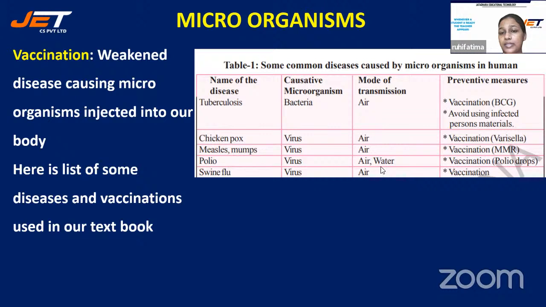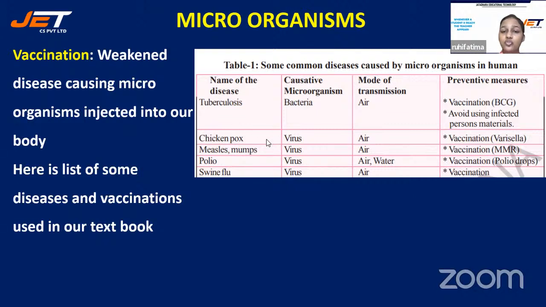Polio is also a viral disease, and the mode of transmission is air or water, and polio drops are the vaccination. Then we have swine flu. Swine flu is also a viral disease. Again, the mode of transmission is air, and we have vaccination for swine flu as well.